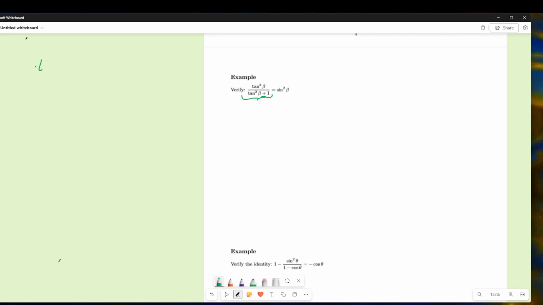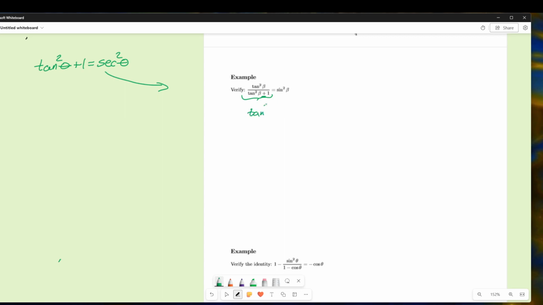So looking back at that and seeing that tan squared, this is beta, but my general rule, use theta, tan squared theta plus 1 equals secant squared theta. So using that identity to perform a substitution is probably going to be helpful.